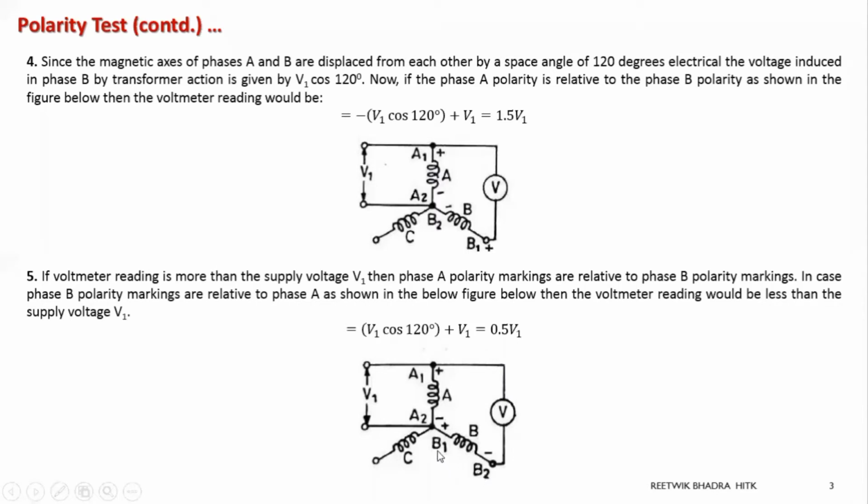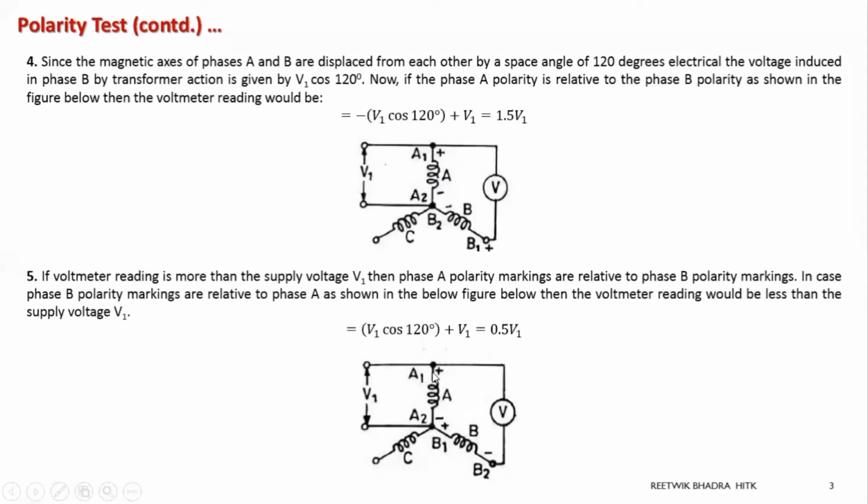Now suppose the terminals were opposite, that means this terminal was B2 and this terminal is B1, all marked arbitrarily. We don't know which one is B1 or B2, but A1 is always positive and B1 is always positive. Next, for this diagram, in the transformer we had taken A2 as positive, but we are talking with respect to this diagram only. So over here, terminals with suffix 1 are positive.